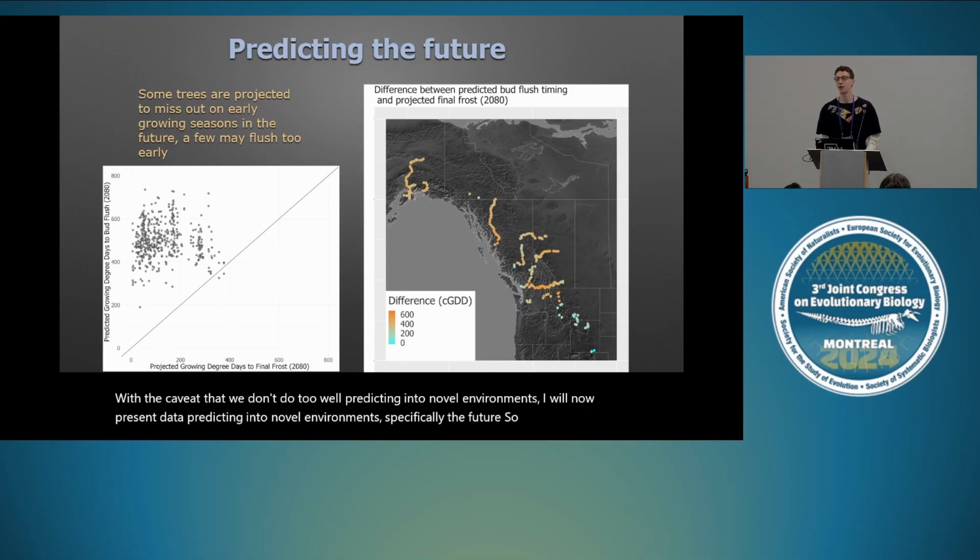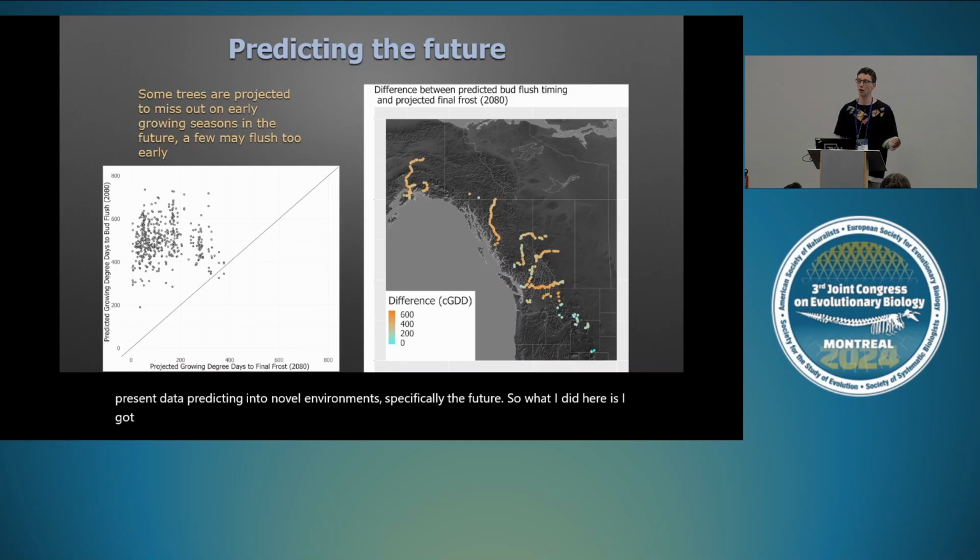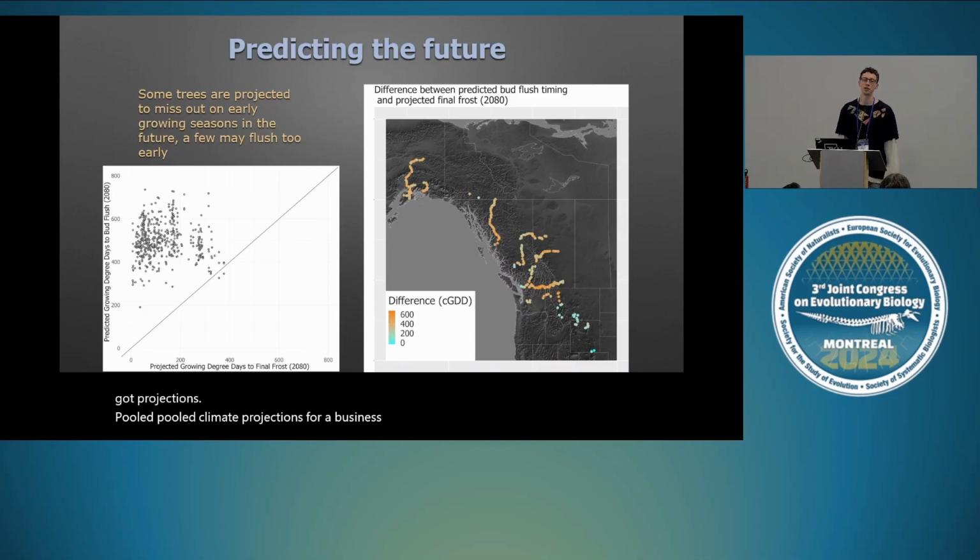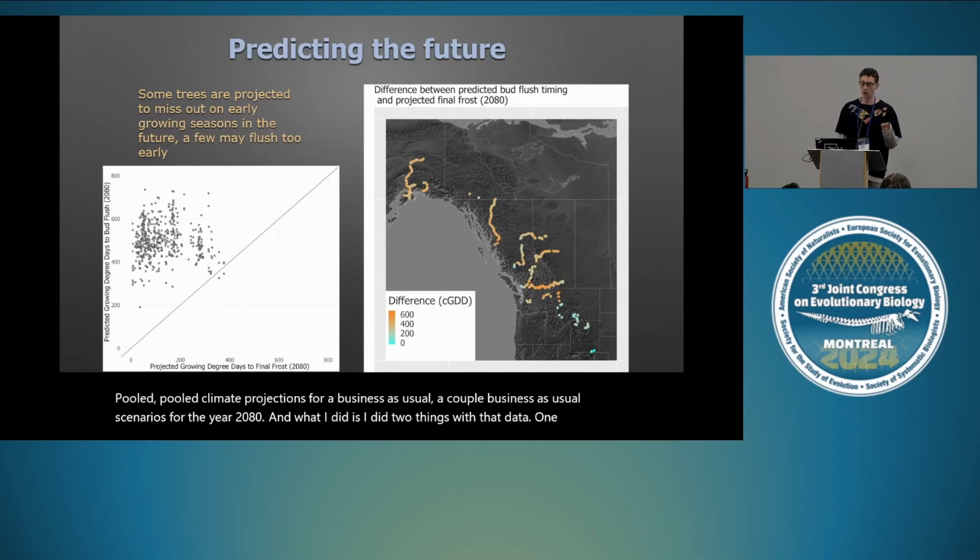So what I did here is I got pooled climate projections for a couple of business-as-usual scenarios for the year 2080. And I did two things with that data. One is I got those projections for every single sampling location that we originally got these trees from, and I used my model to predict bud flush timing at each of those sampling locations, so each tree's home environment for the year 2080.